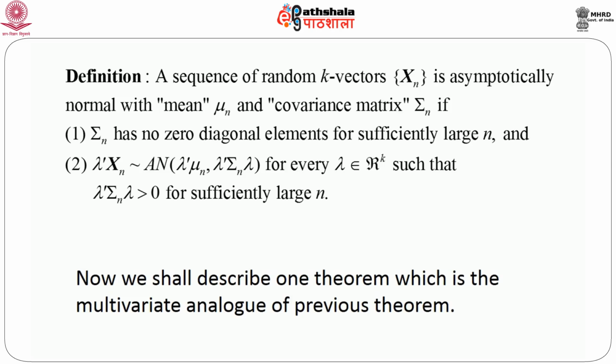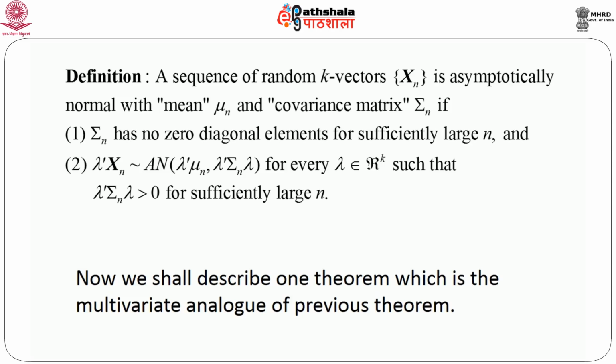So again, if we look at condition 2, we are trying to look at this sequence of random vectors in terms of a linear combination of the components of this random vector. That means we are trying to make this univariate from the multivariate.